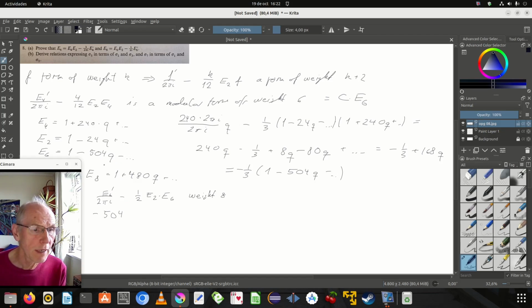E6 differentiated, minus 504 times 2 pi divided by 2 pi i. That gives, that's it. Then minus 1/2. Let's just take the first term. That's enough for the proof, and we'll get the next term in part B. And E6 giving 1.